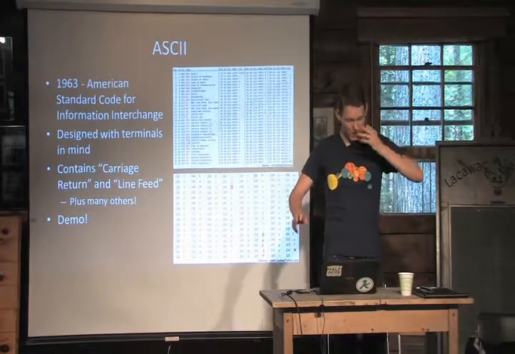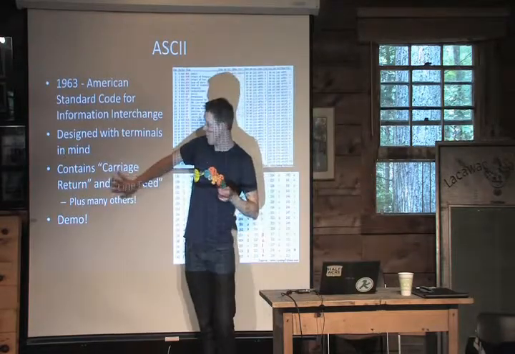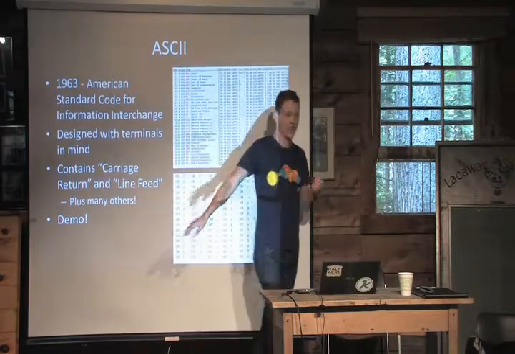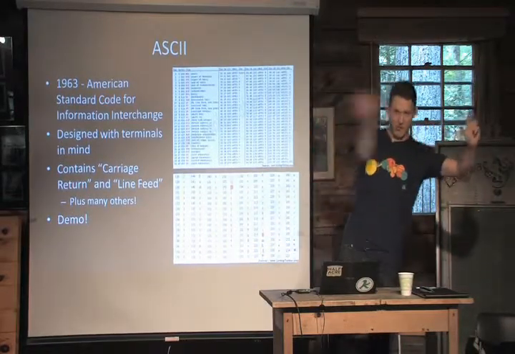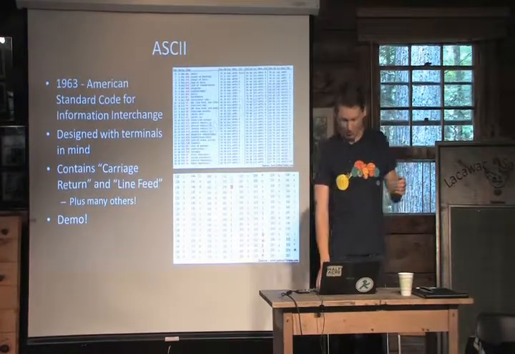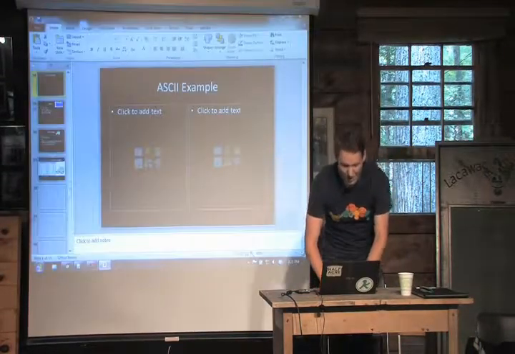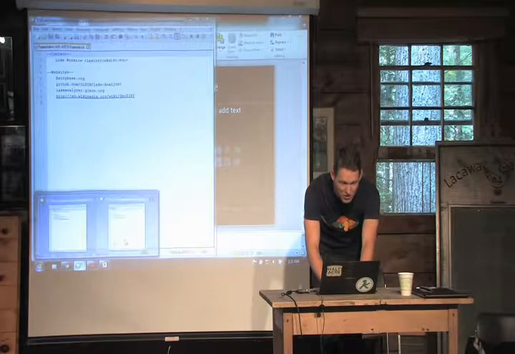So we had to agree on something. They did. And this standard still contained the carriage return and line feed, which allows the machine that's printing to return the carriage to the front of the printer and to feed a new line of paper. And as ridiculous as it may seem, those things are still with us today.